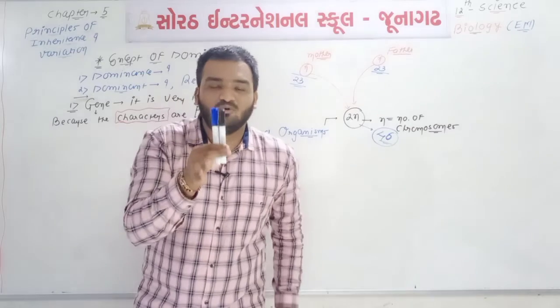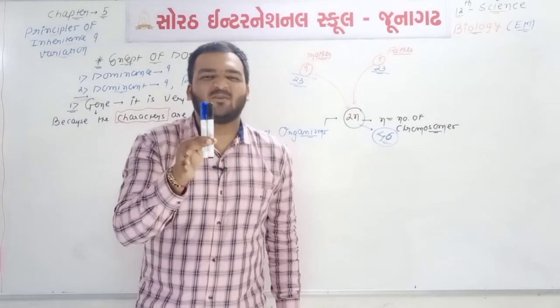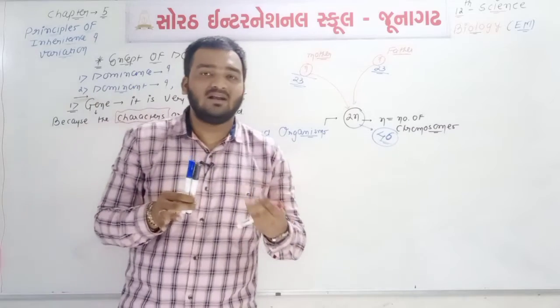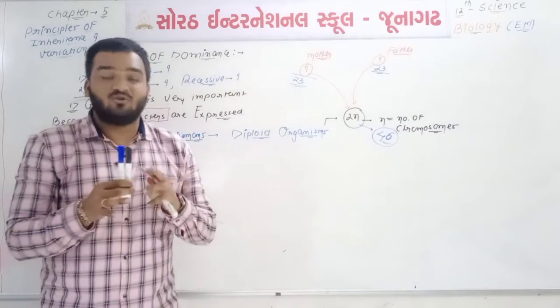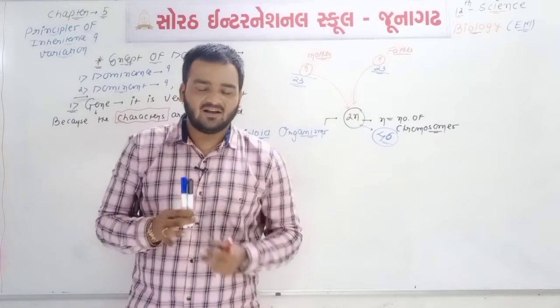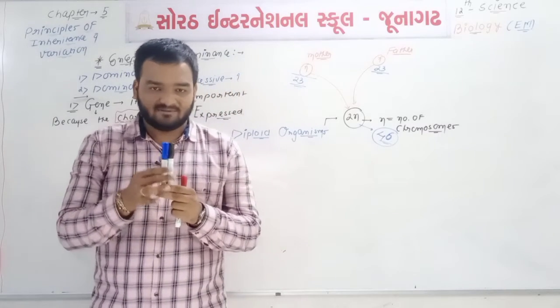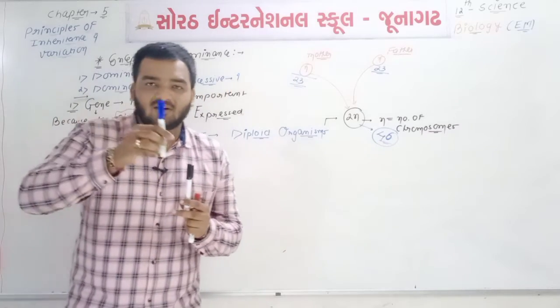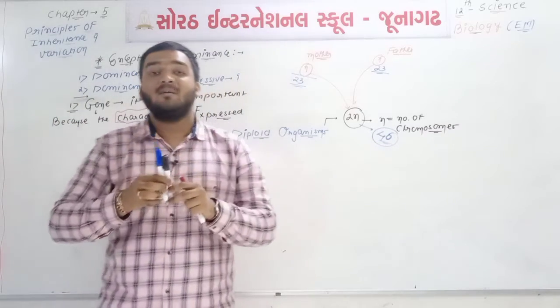That's why humans are always heterozygous. We are not homozygous. You know that dominancy is only applicable in the heterozygous condition. If the condition is homozygous, then dominancy is not required. But in humans the heterozygous condition is always there because one member comes from the maternal and one from the paternal.